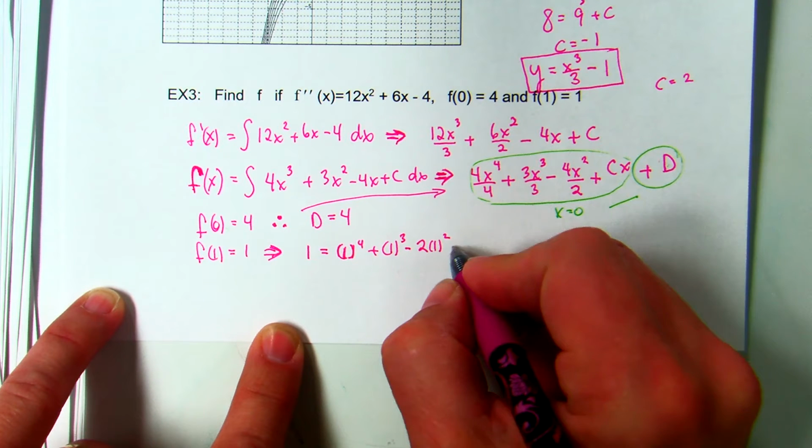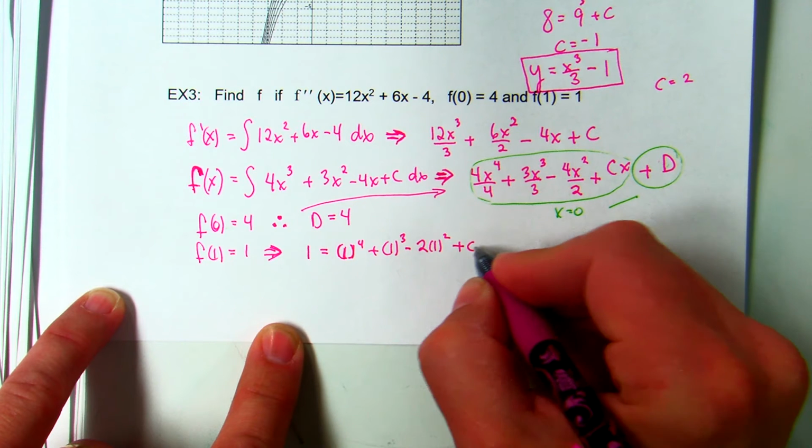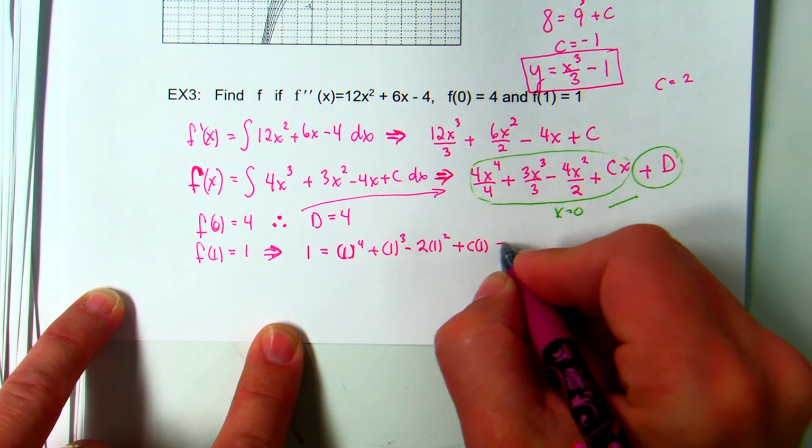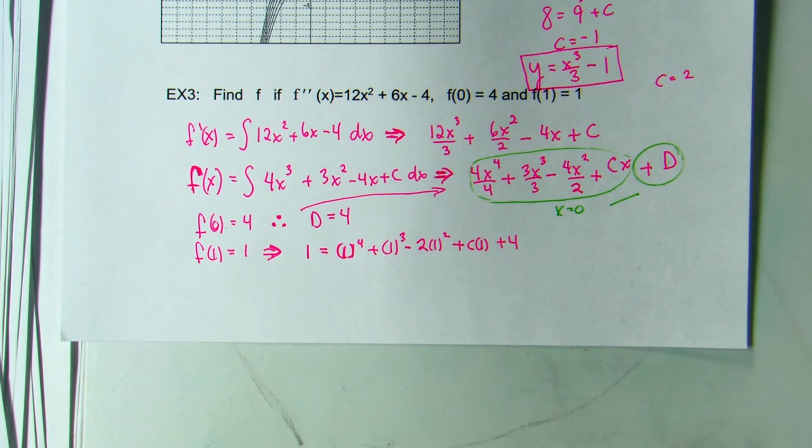So it's 2 times 1 squared, all right, plus c times 1 plus 4. Now, the only variable left is the c, and in that case, we can obviously solve for c.